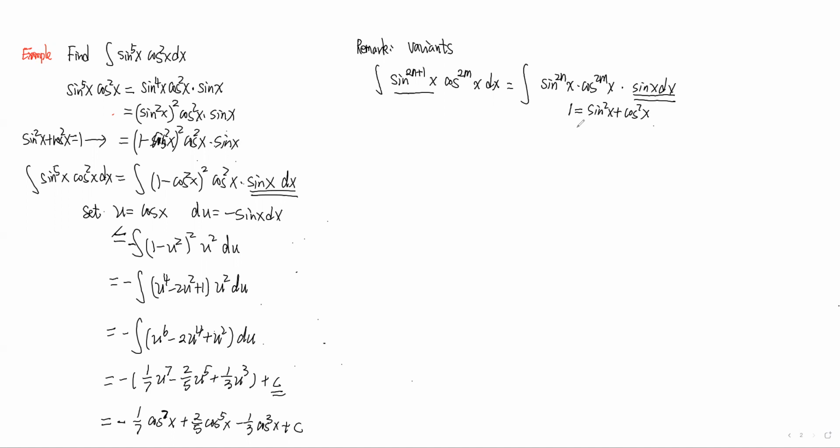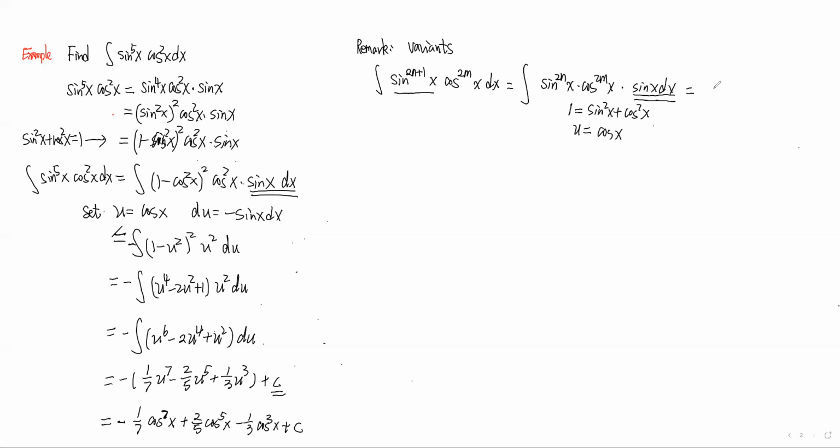And also we set u is cosine x. So we will get this formula. The reason I didn't finish this is that I don't require you to remember the formulas. You have to study this method.